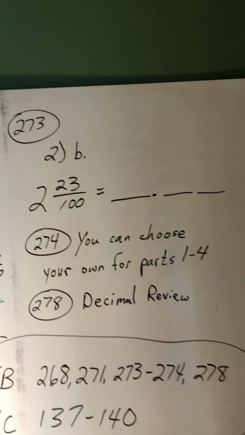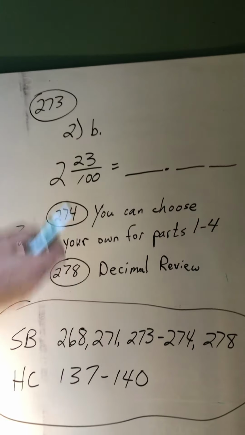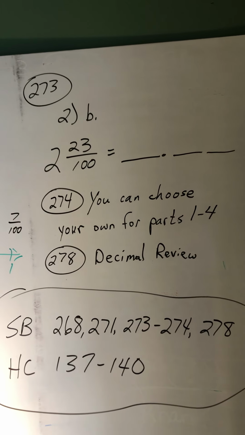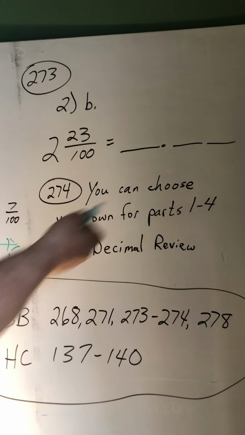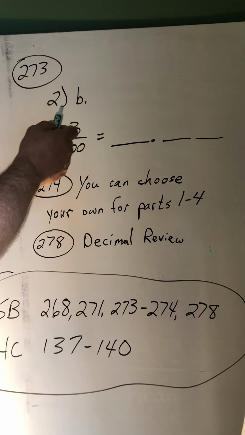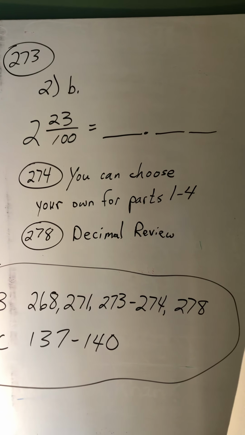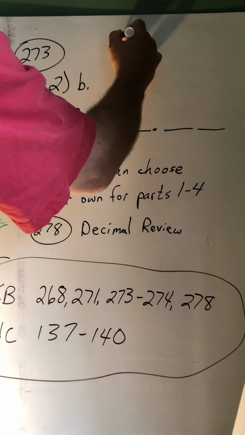Okay, so 273B, I believe, if I remember right, this whole page is you're kind of working with these kind of problems. Okay, 2 and 23/100 turned into a decimal. Just remember this.